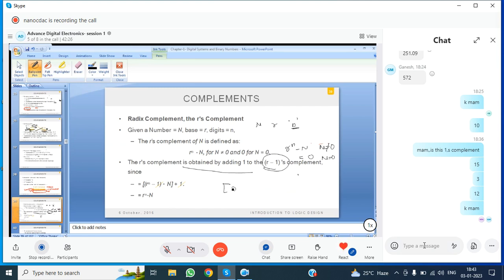So we can write r power n minus 1 minus n plus 1. If you expand this, you will get r power n minus 1, the diminished radix constant, minus n and plus 1. The plus 1 and minus 1 cancel, giving r power n minus n. This is what is called the radix complement.